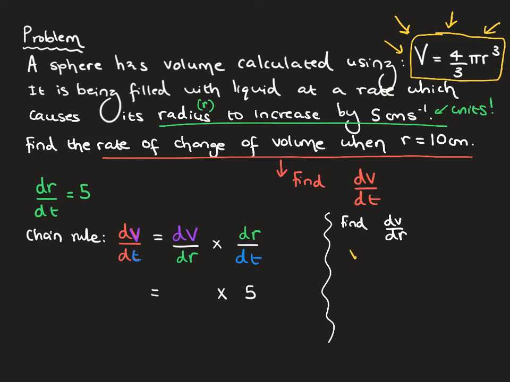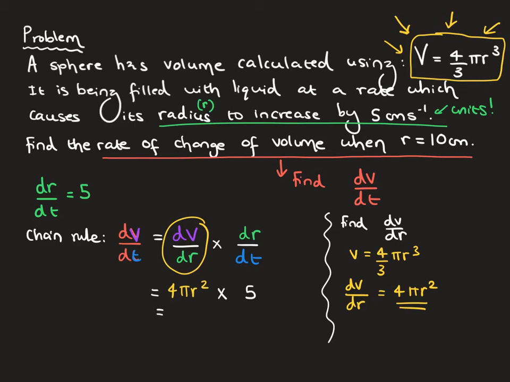We were told that v is equal to 4/3 pi r cubed, so I can differentiate v with respect to r. So this becomes 4 pi r squared. So I can replace dv by dr with 4 pi r squared. So the answer would be 20 pi r squared.